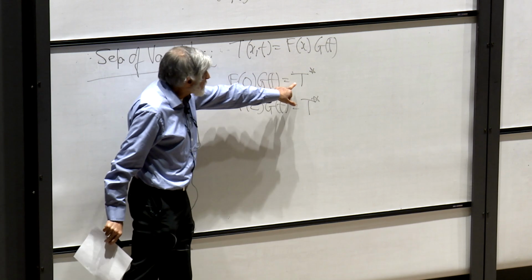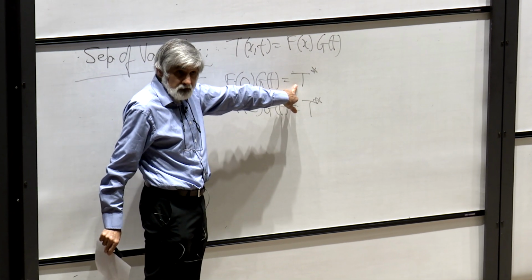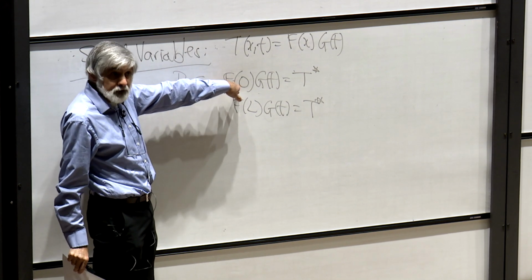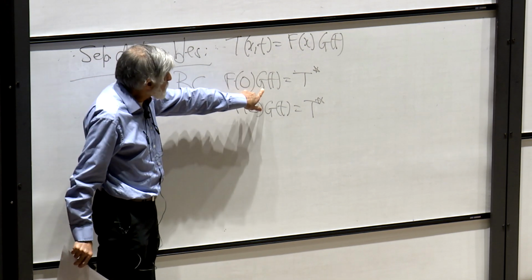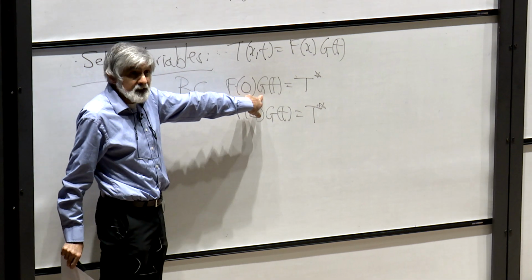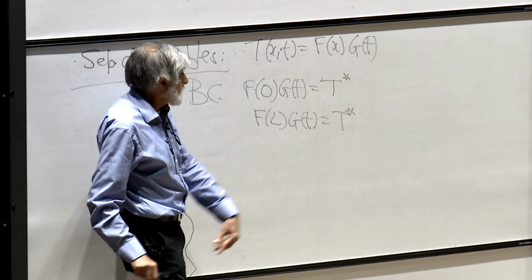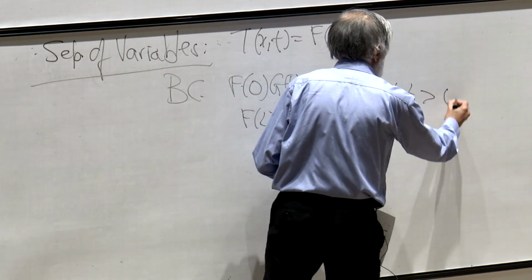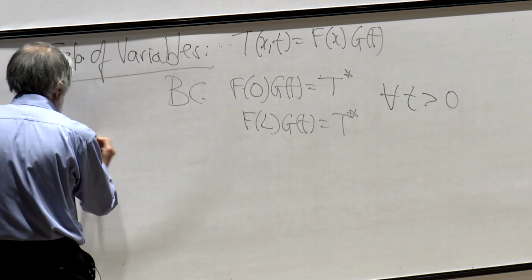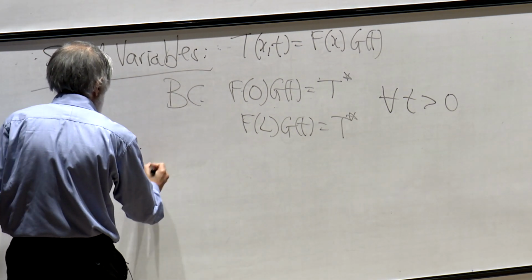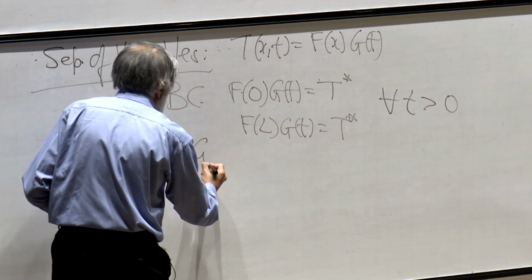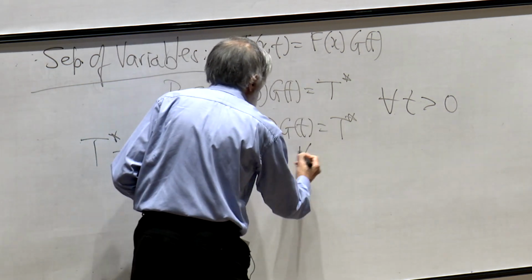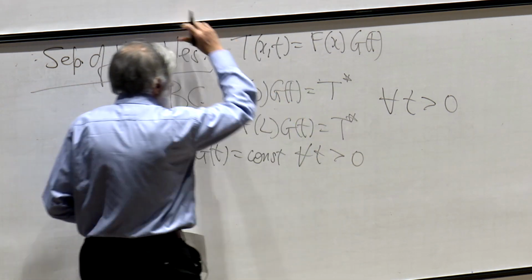Now if this is not 0, f of 0 is a value, it's a constant. This would mean g of t is a constant. It's true for all t. So T star not equal to 0 will imply g of t equals a constant for all t bigger than 0.